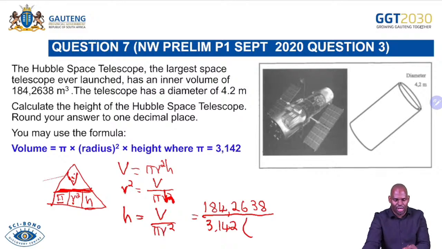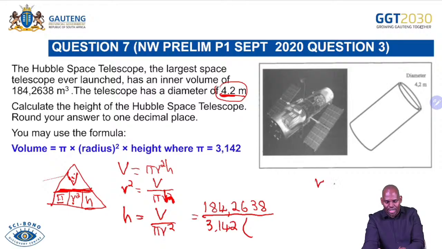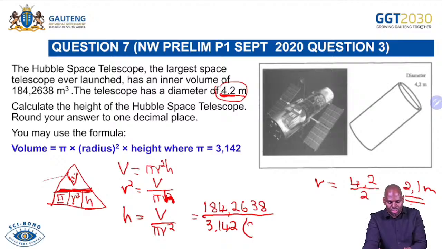The telescope has a diameter of 4,2. So if the diameter is 4,2, our radius will be 4,2 divided by 2, and this will give us 2.1 meters.